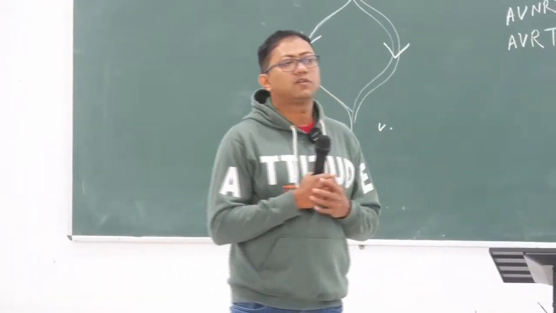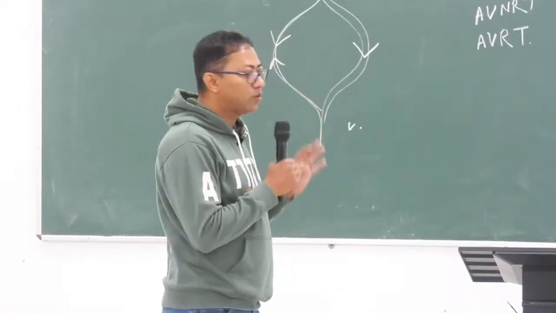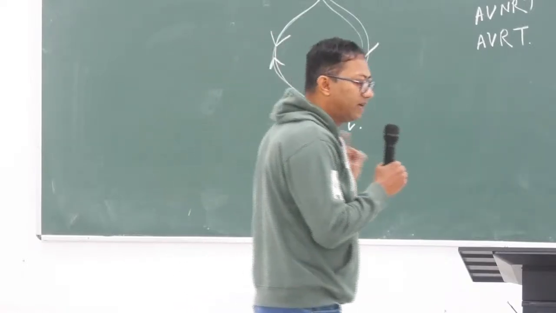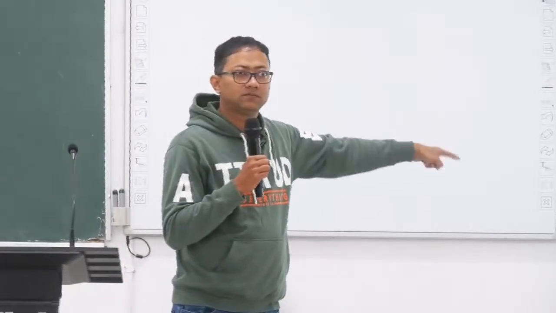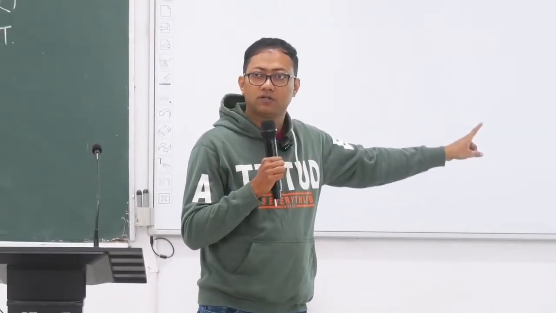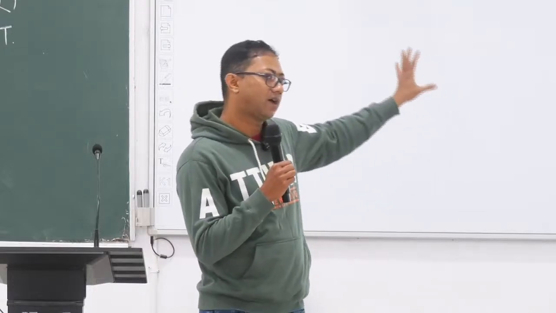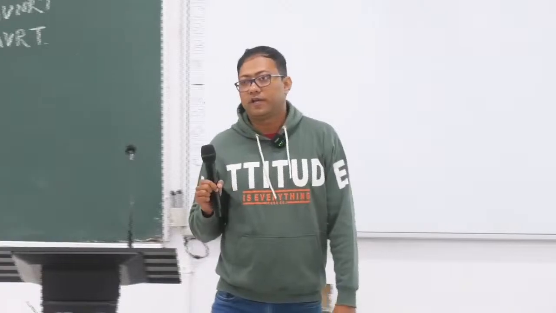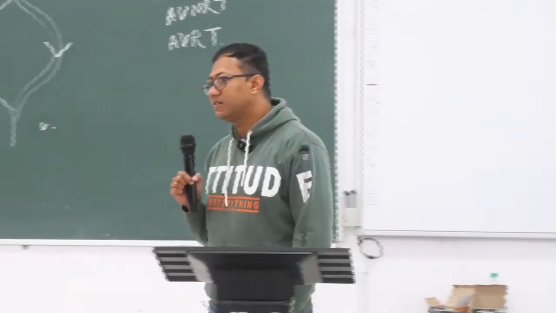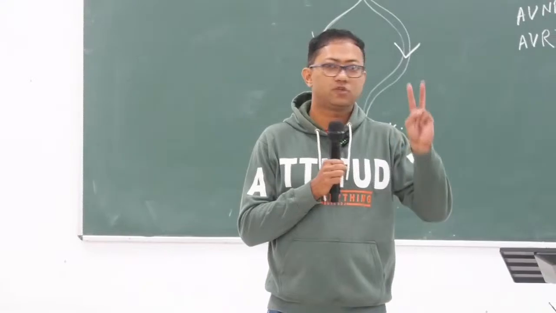So, let us focus on AV nodal reentrant tachycardia, or AVNRT. Okay, this concept is clear to everyone, why there is unidirectional block? If this is not clear, I will not be able to proceed, right. For re-entry circuit, there are two prerequisites.